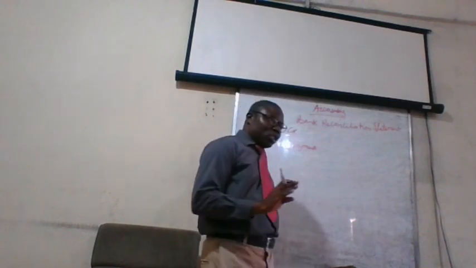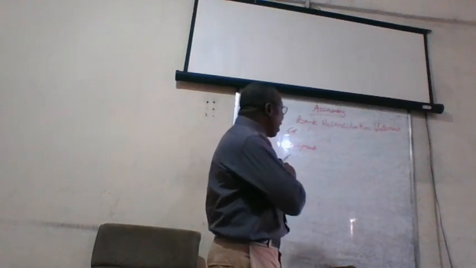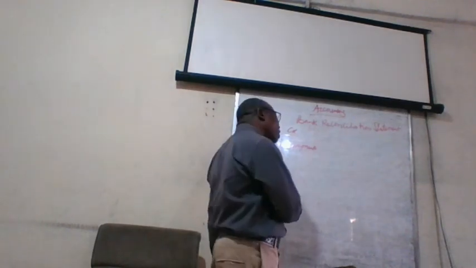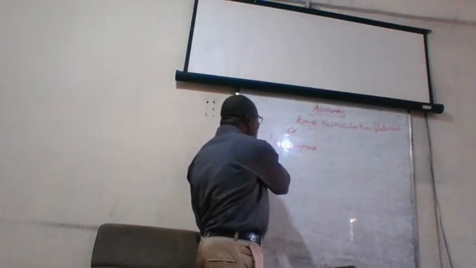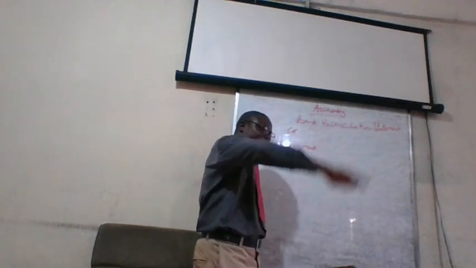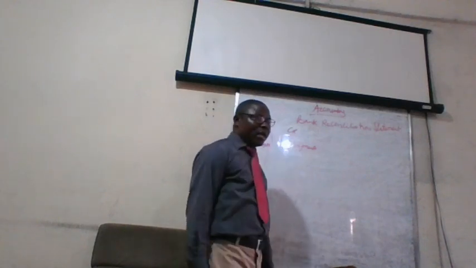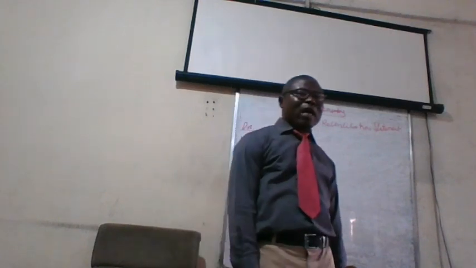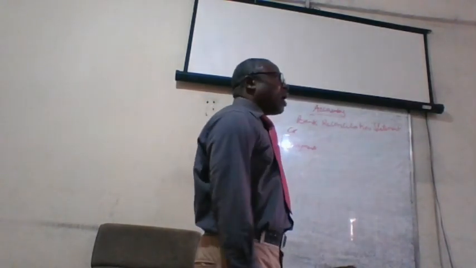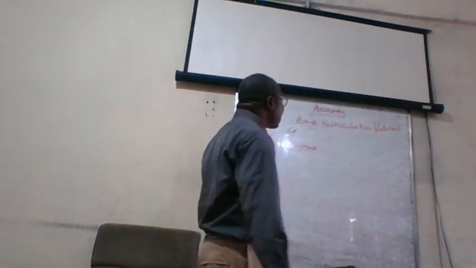The debit side of the cash book is to record all your receipts, all the money that you received will pass through your debit side, while all the payments you make must be treated on the credit side of your cash book. Let me leave that one. When we get there, we'll explain.